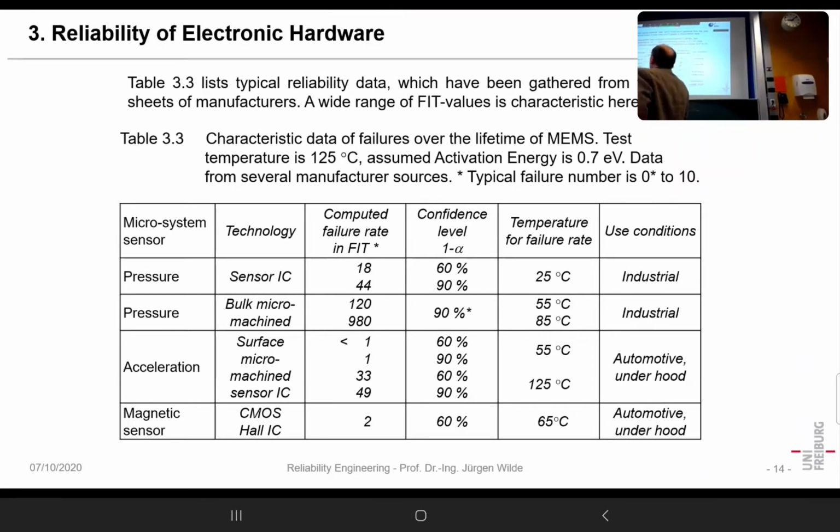The confidence level is the level that the statement you make is true. So I say, for instance, third line from bottom, 33 FIT, 60%. The confidence level says you state the failure rate is below 33 FIT, and I can rely on that statement with 60% probability. 60% is almost 50-50, you could say.